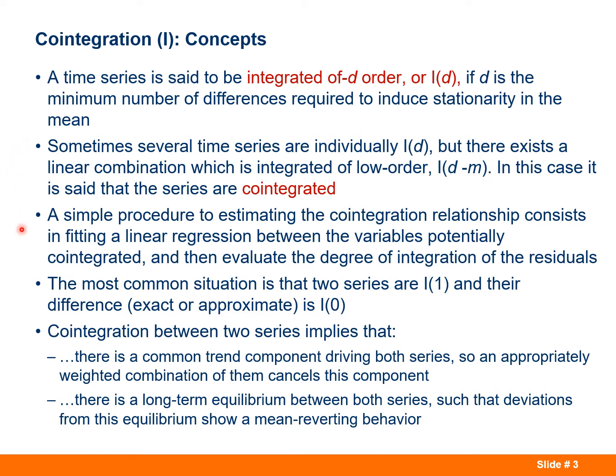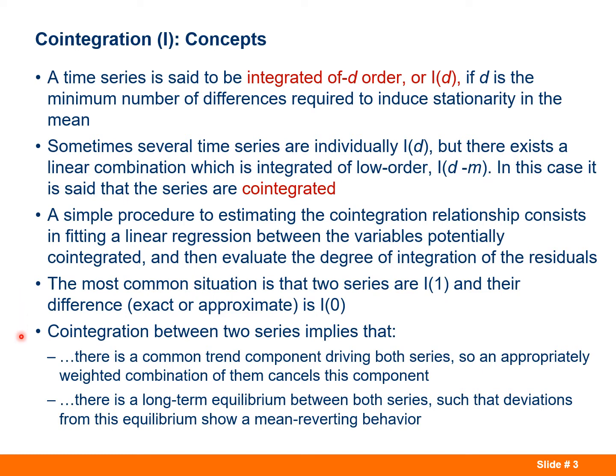As we will show in the example, a simple procedure to estimate a cointegration relationship consists in fitting a linear regression between the variables potentially cointegrated, and then evaluating the degree of integration of the residuals of this regression. In economics, the most common situation is that two series are I(1) and their difference, exact or approximate, is I(0).